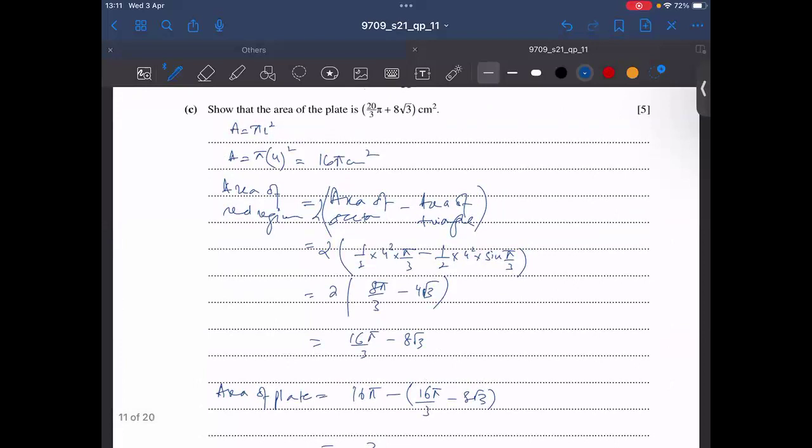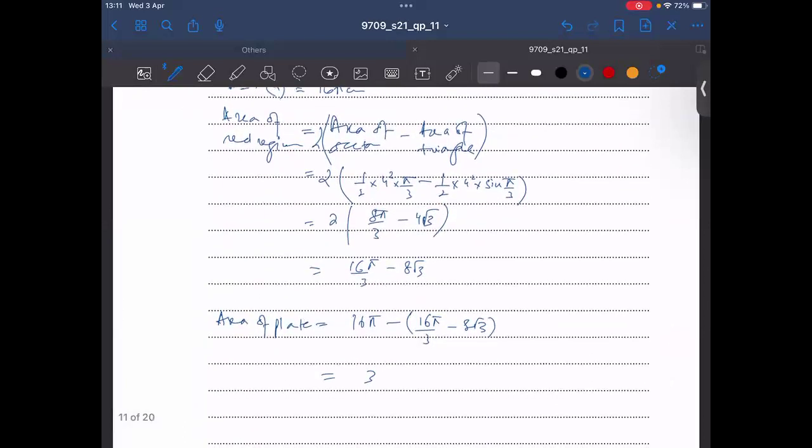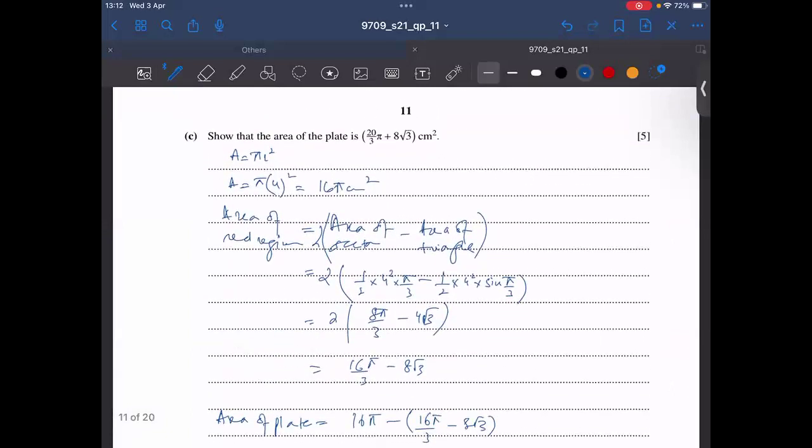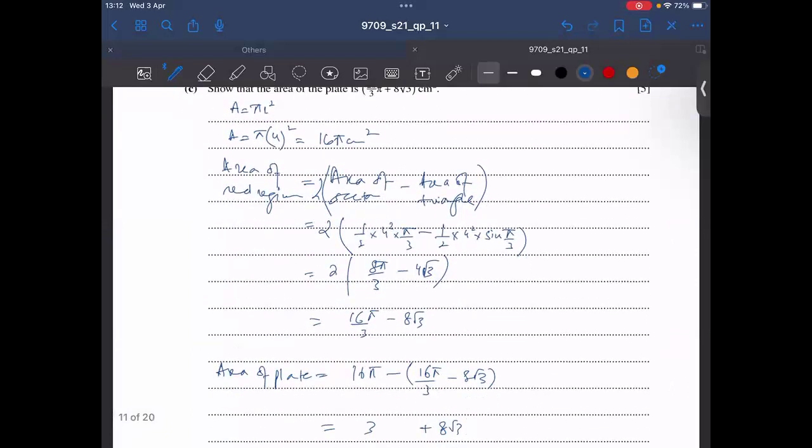Area of circle is 4 square, 4 square is 16 pi. 48 minus 16 is how much? 32 pi by 3. It's going to be plus 8 square root of 3. But I'm getting... You're supposed to show 20 pi by 3.